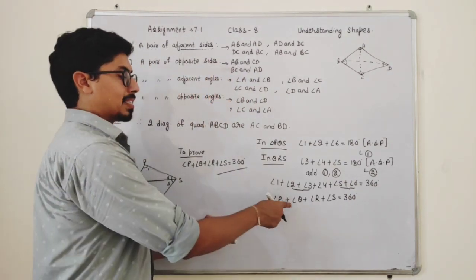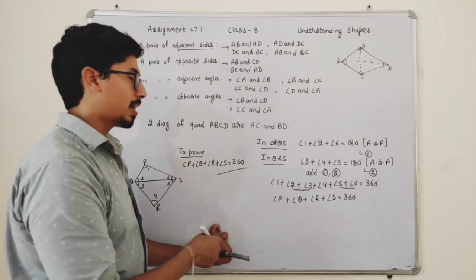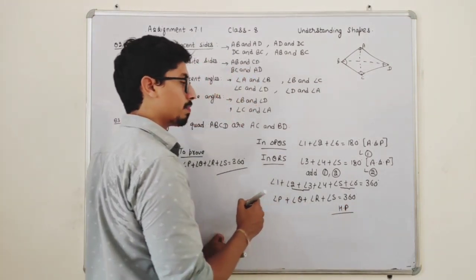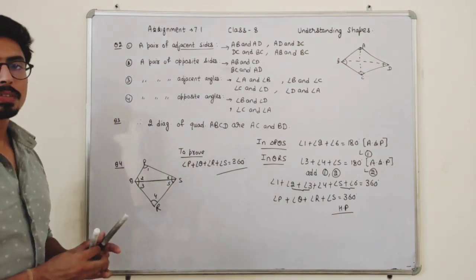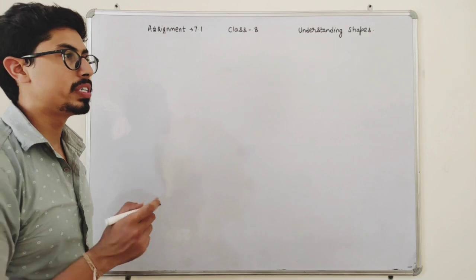So angle P plus angle Q plus angle R plus angle S will be 360 degrees, and this I had to prove. Okay, students, now moving forward to question number 5.